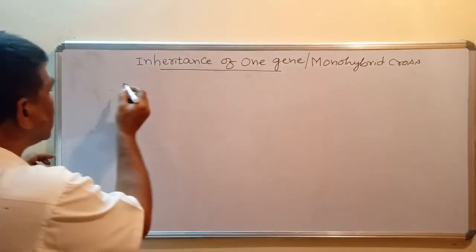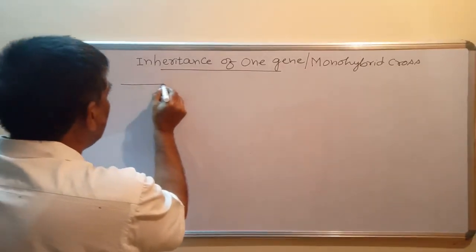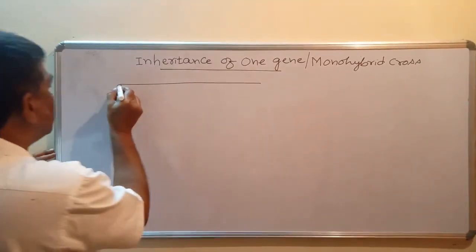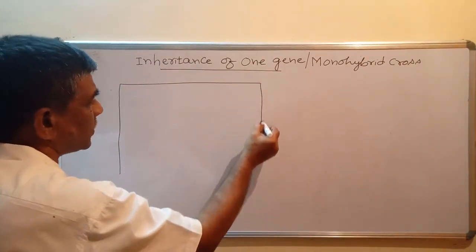Now the gametes of F1 generation we have to cross by using a Punnett square. We have to draw a Punnett square.